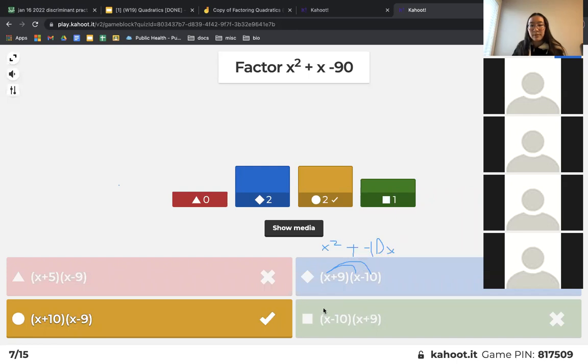And then the plus and the minus turn into just a minus. Now we do 9 times x, so that's plus 9x. And then finally 9 times negative 10, minus 90.